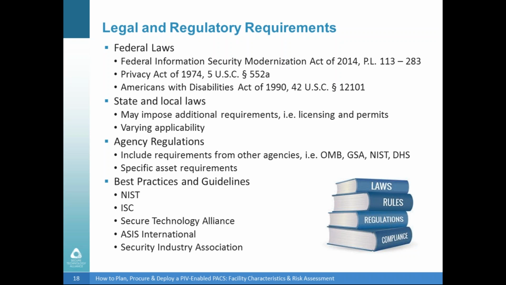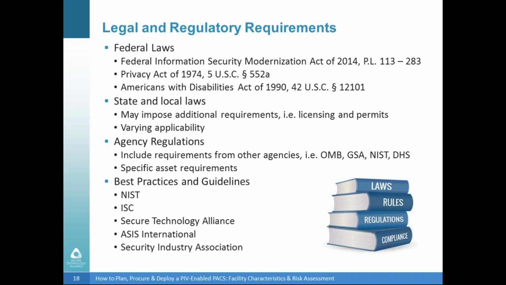Certain assets like weapons and ammunition, medicine, pharmaceuticals, and critical infrastructure such as electrical, communication, or HVAC may have special protection requirements. For example, Intelligence Community Directive 705 provides requirements for the protection of areas that store or process classified information. In addition to binding regulations that they issue, both NIST and the ISC publish best practices that you may find useful.